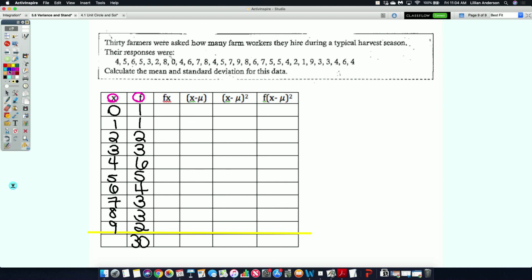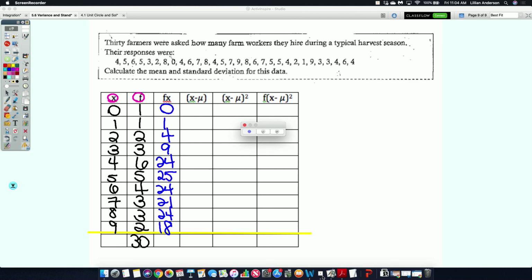So, let's multiply this here. 1 times 0, 1 times 1, 1, keep going. 4, 9, 24, 25, 24, 21, 24, 18. Okay? And I'll give you guys a few more seconds to go ahead and add up all those numbers. What was your total? 150.